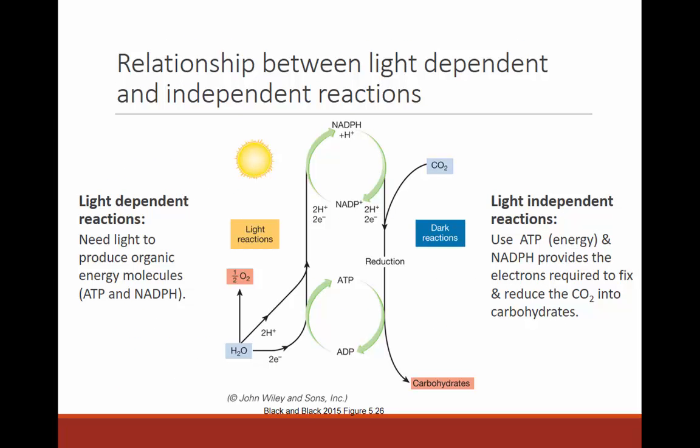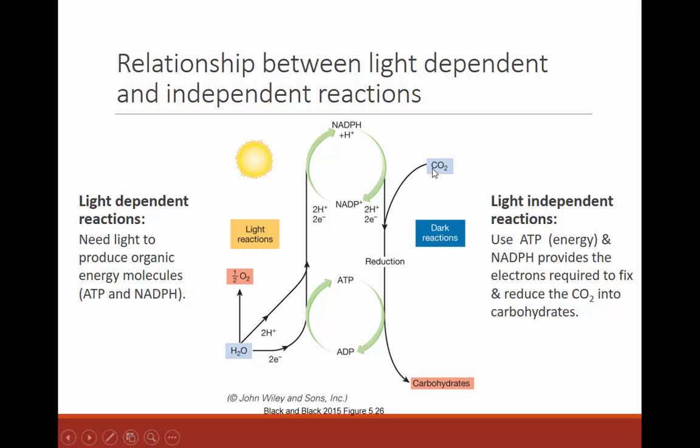And then the relationship between the light-dependent and the light-independent reactions. You can see here on the left, you've got the light-dependent reactions. They need light to produce the organic energy molecules. The light-independent reactions, these are the dark reactions.